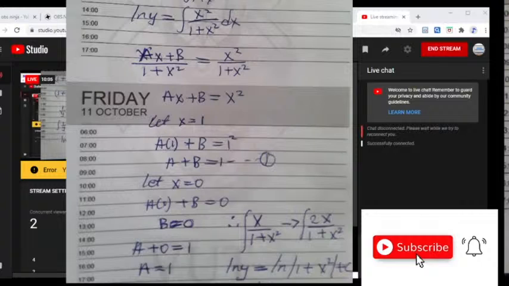We come here and say let x equal 1, then you substitute your 1 into x, and you are going to have 1 plus b equals 1. Then the next thing we are going to do is let x equal 0.